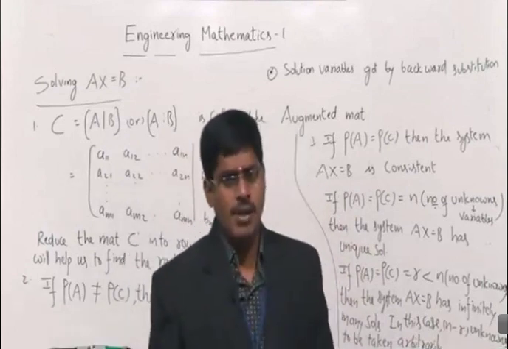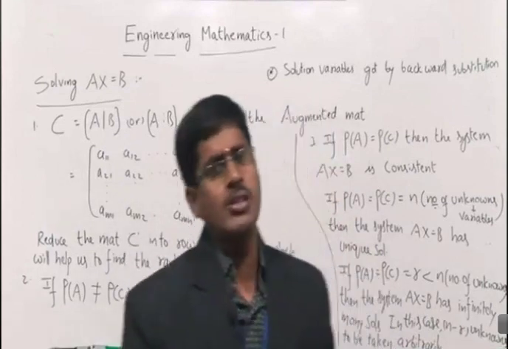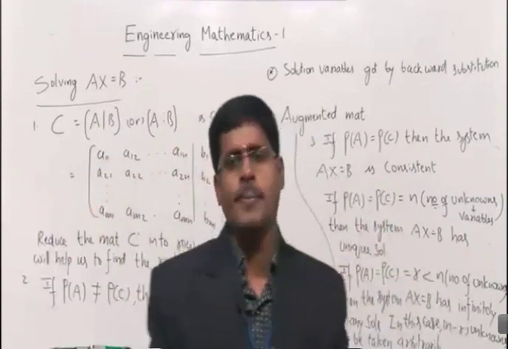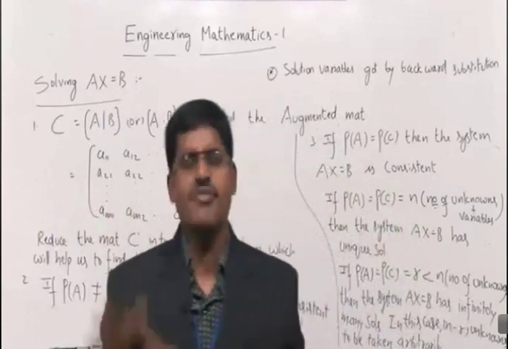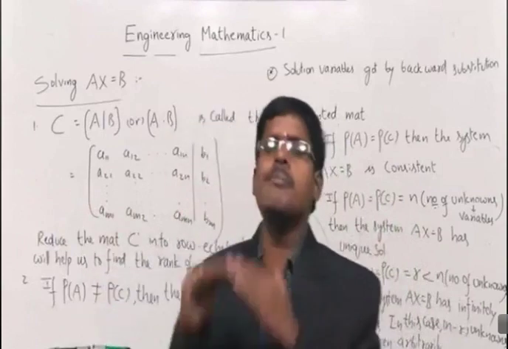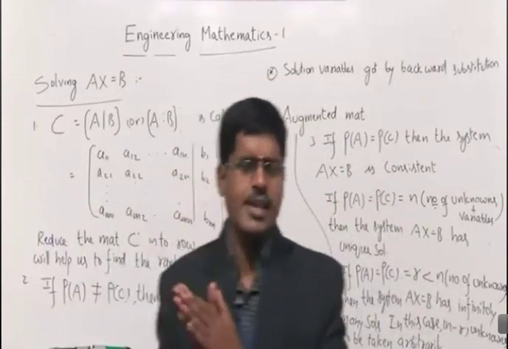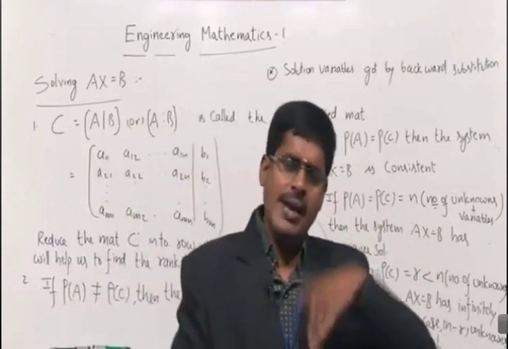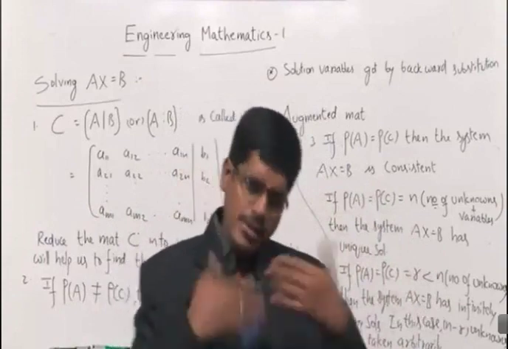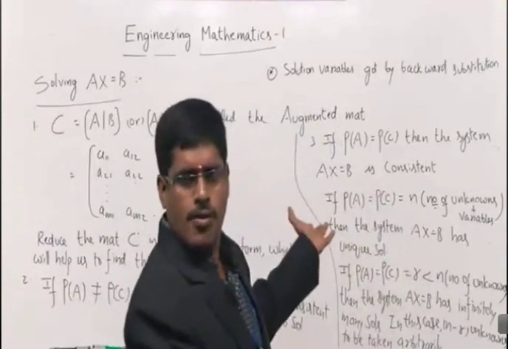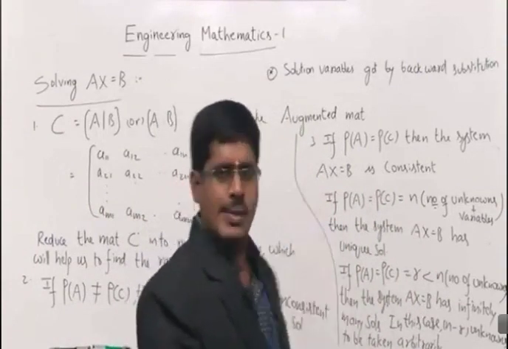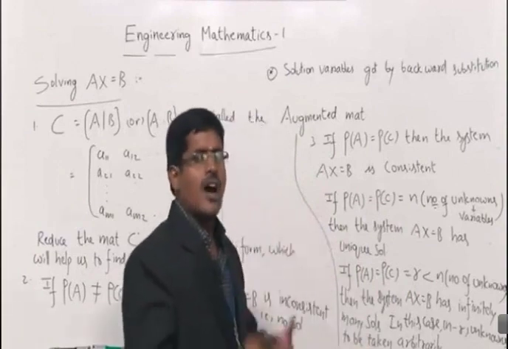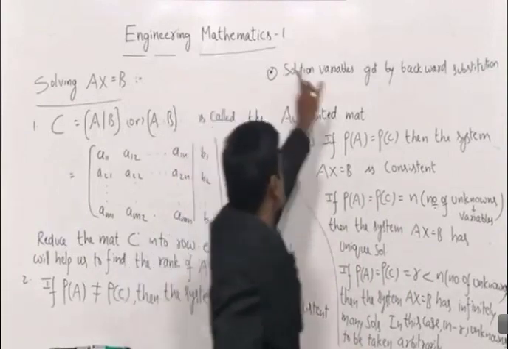That means suppose your rank is 3 and the number of unknowns is 4. 4 minus 3 is how much? 1. So from the given 4 unknowns, you take any one unknown arbitrarily. Arbitrarily means don't take a fixed number. Assign some arbitrary letter, any alphabetical letter, okay, some K, some A, some B. The remaining variables are obtained from the one you have taken arbitrarily.